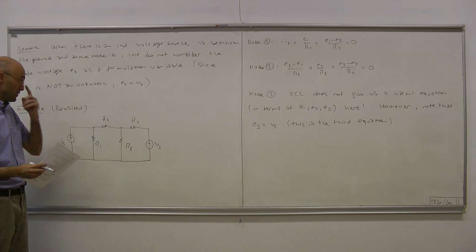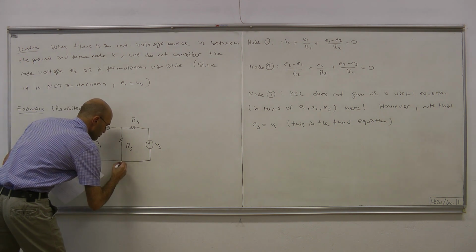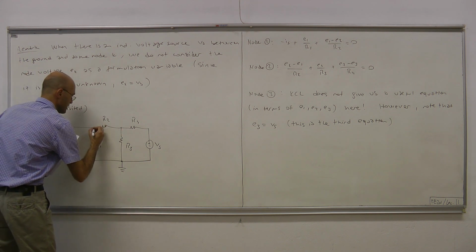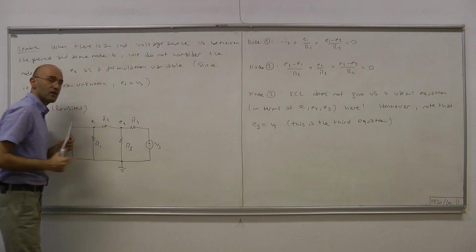Let's start from the beginning. This is the circuit that we're given. What we do is labeling. Choose the ground node, and then label the remaining nodes. What we did previously is we labeled this E1, we labeled this E2, and we labeled that guy E3.